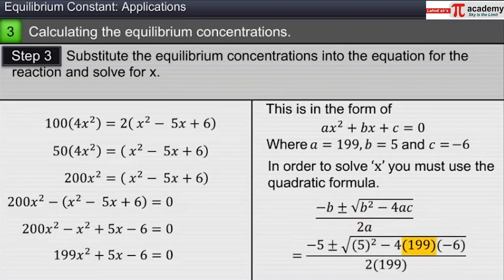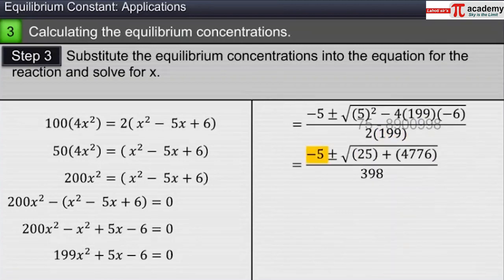On substituting the values of a, b and c in the quadratic equation, we get minus 5 plus or minus square root of 5 square minus 4 multiplied by 199 multiplied by minus 6, divided by 2 multiplied by 199.